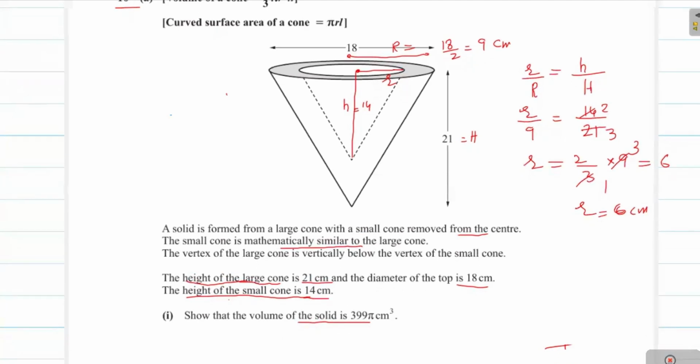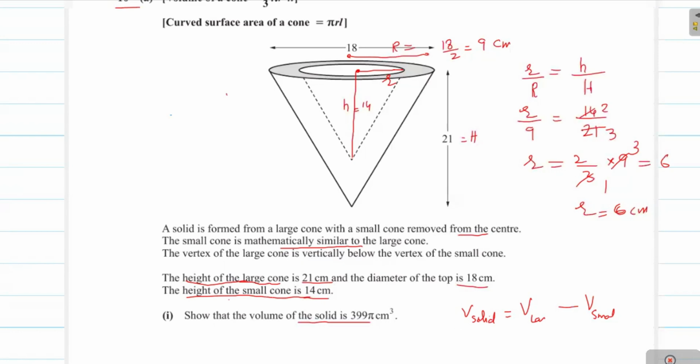volume of the solid. The volume of the solid will be equal to the volume of the large cone minus the volume of the small cone, because the small cone is removed from this large cone.